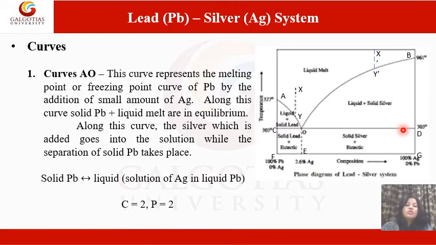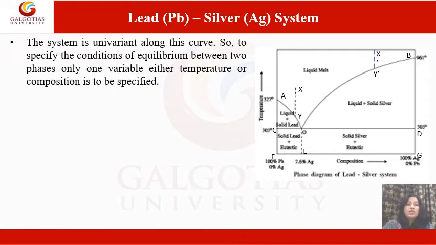So C is equals to 2 and P is equals to 2. According to the phase rule equation, F is equals to C minus P plus 1, which is equals to 2 minus 2 plus 1, that is 1, means system is univariate along this curve. So, to specify the condition of the equilibrium between two phases, only one variable, either temperature or composition, is to be specified.